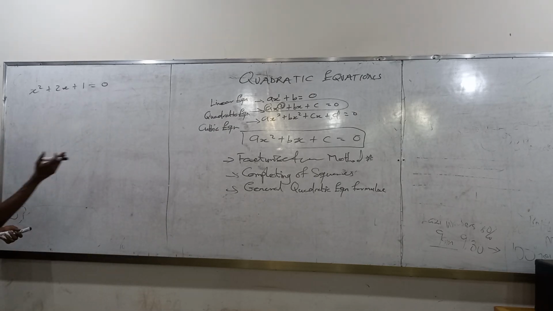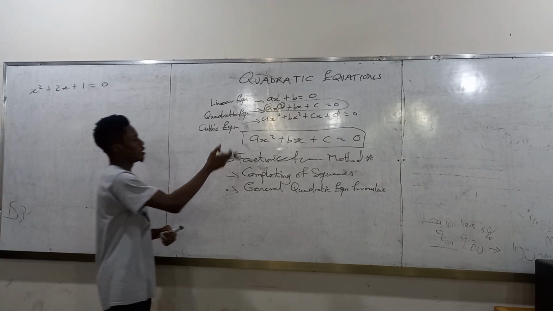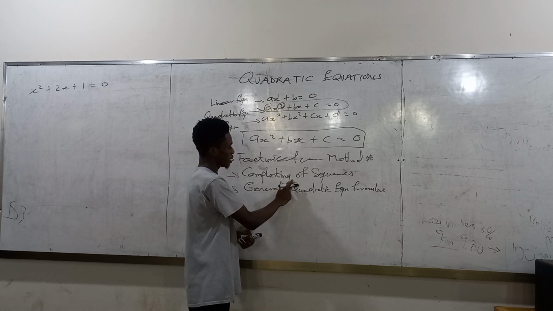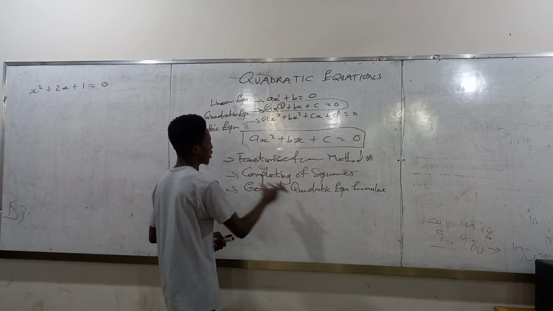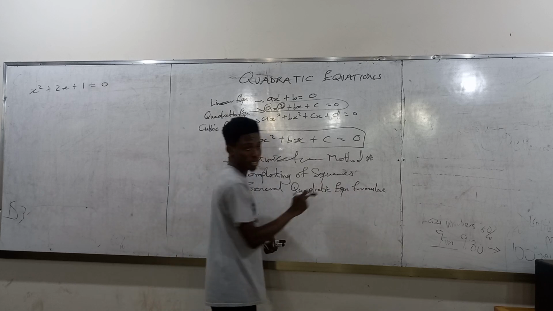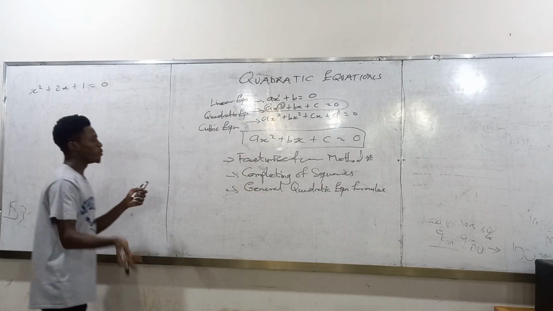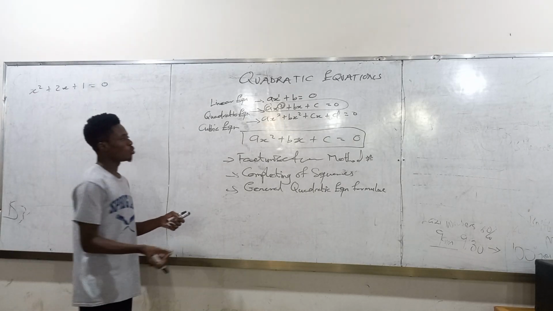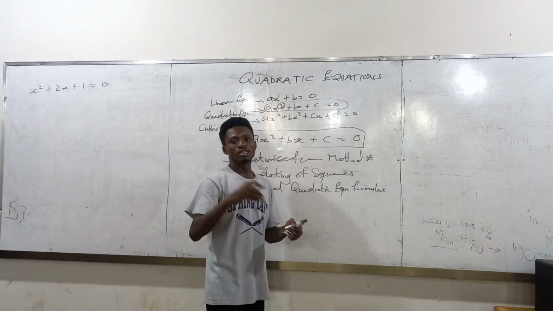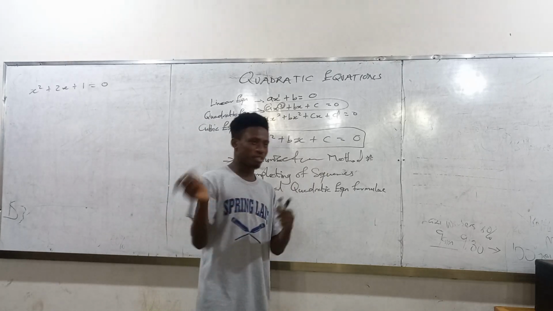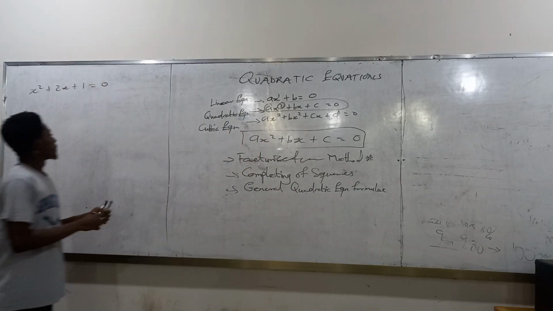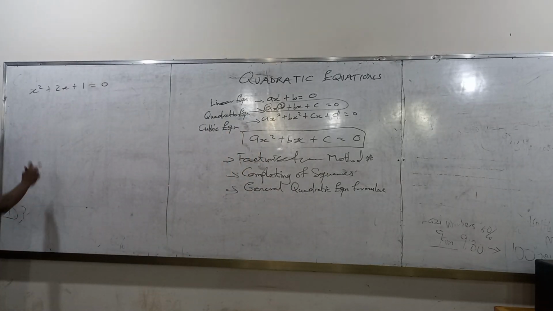So we are going to start with the factorization method, then we'll do completing of squares. We'll use the completing of squares method to prove the general quadratic equation formula. Then maybe in a later video we will focus on the identities, which is alpha, beta, and the rest. So let's start with the factorization method.